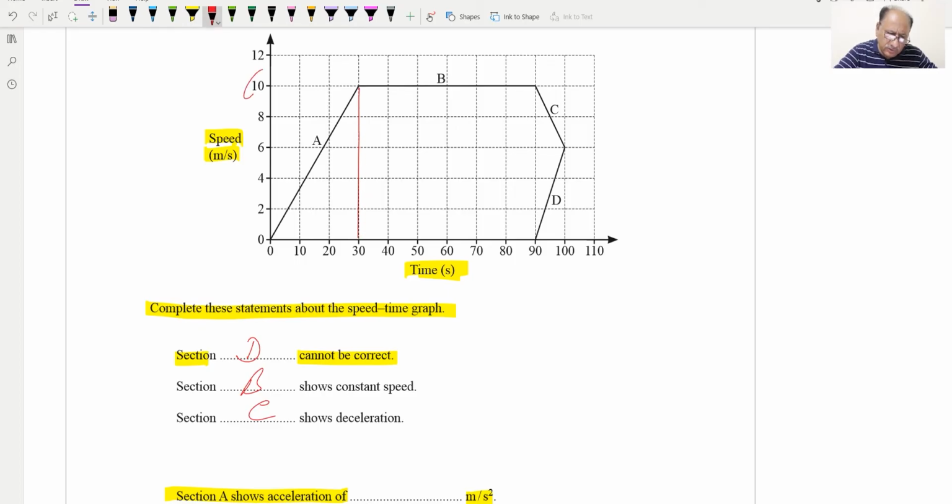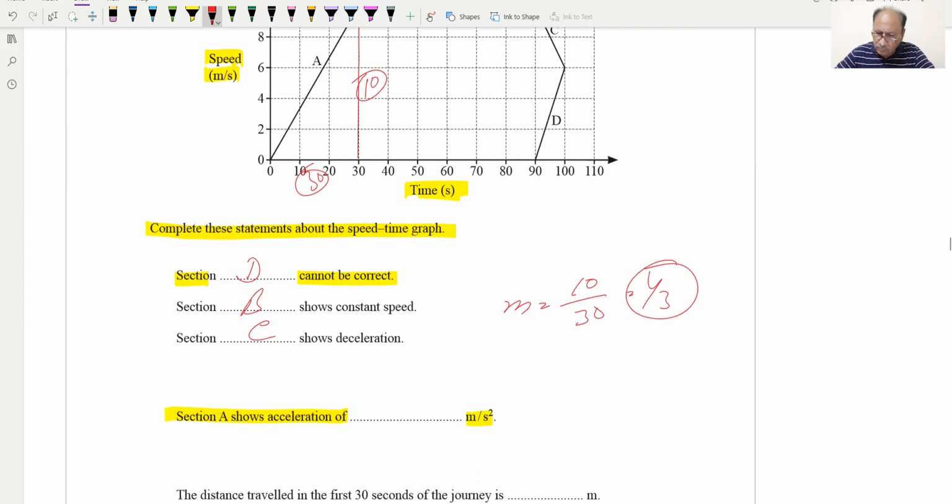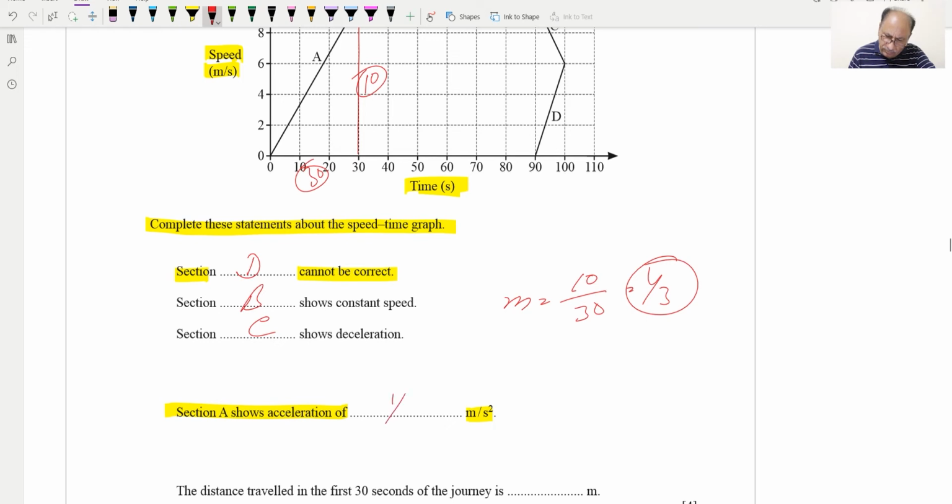Basically this measurement is given, so this side will be 10 and this side will be 30. So rise over run, we can find m will be equal to 10 over 30, which is equal to 1 by 3. In decimal also we can write, but I'm writing here 1 by 3 as a fraction.